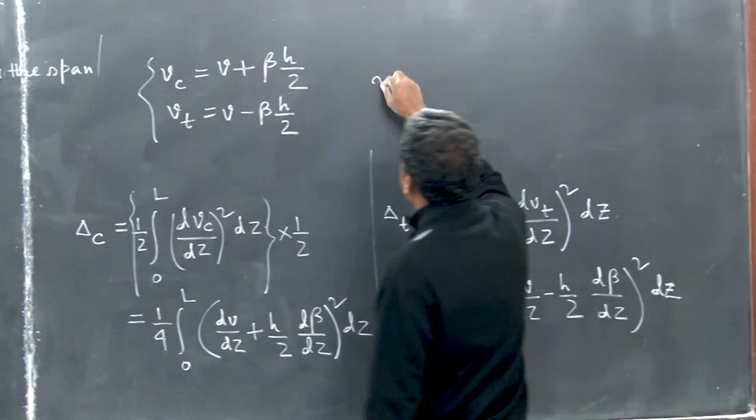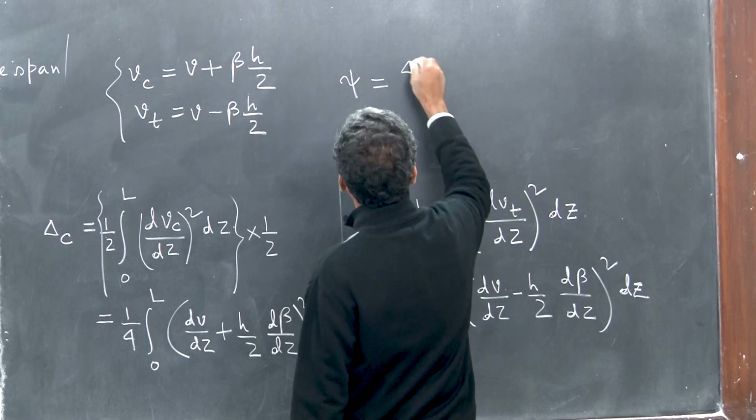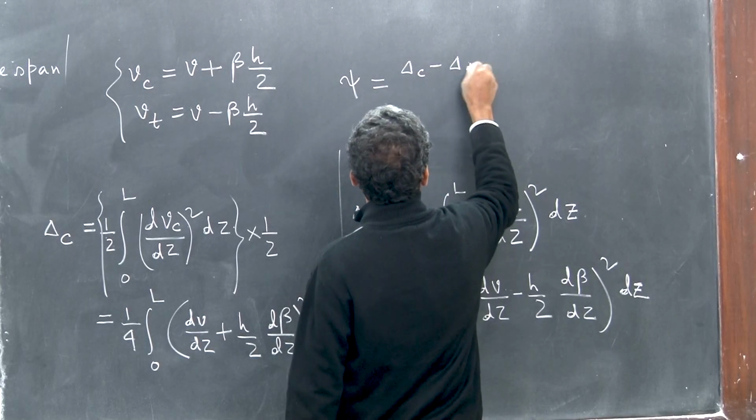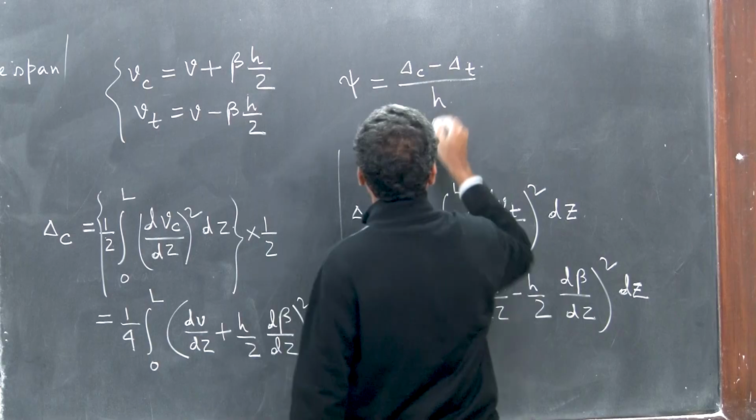Now, psi is nothing but delta C minus delta T divided by H.